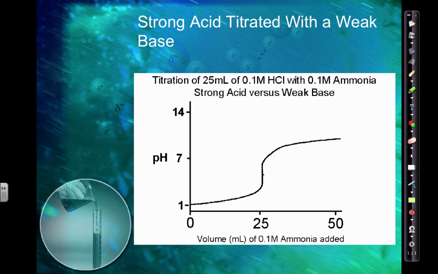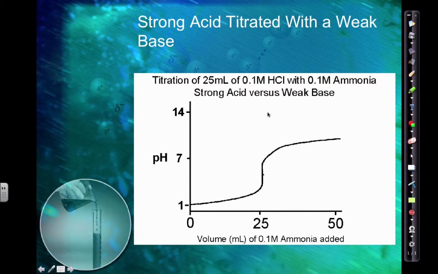All right, so if I titrate a strong acid with a weak base, I'm going to start off with a low pH, and then I'm going to end up with a pH above 7, but not as high.